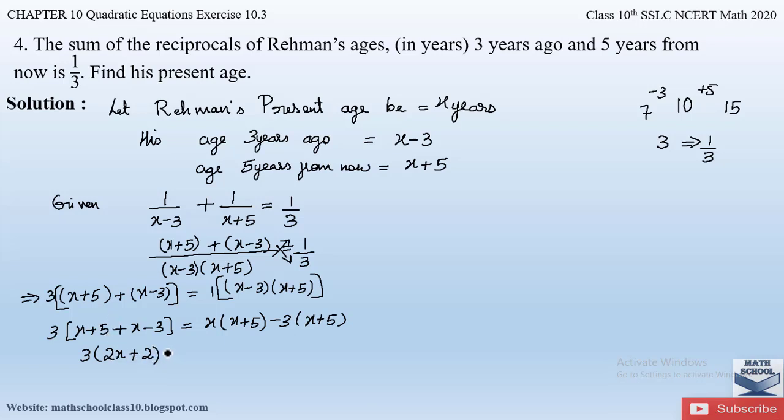So this is equal to x into x is x square, x into plus 5 is plus 5x, then minus 3 into x is minus 3x, and minus into plus will be minus, 5 3s are 15. Now let us multiply with 3 here. 3 2s are 6x plus 3 2s are 6 is equal to x square.